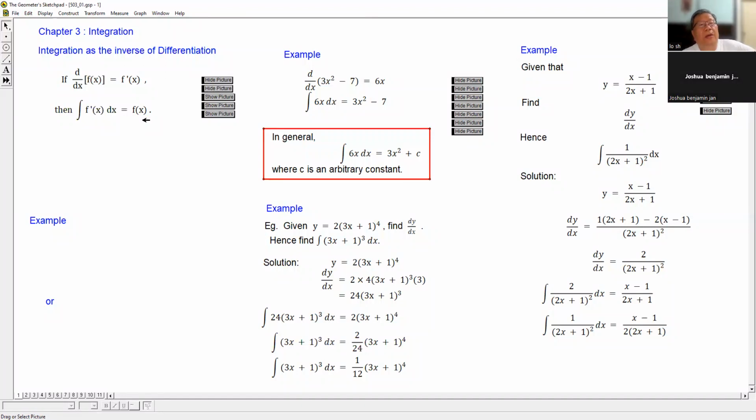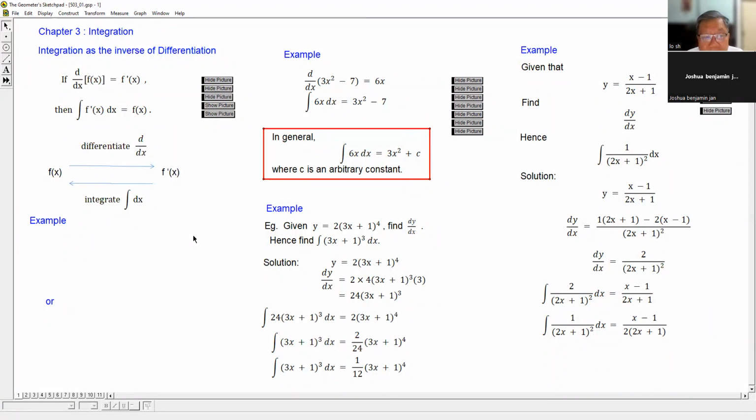If you cannot, then afterwards we have plenty of examples to show you, so don't worry. If you have a function fx, you differentiate with respect to x, you get f prime x. If you have the function f prime x, you integrate with respect to x, you get back your fx. The picture will show you clearly what I mean.